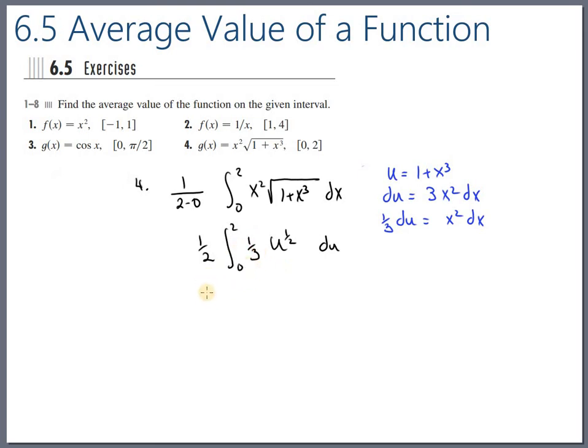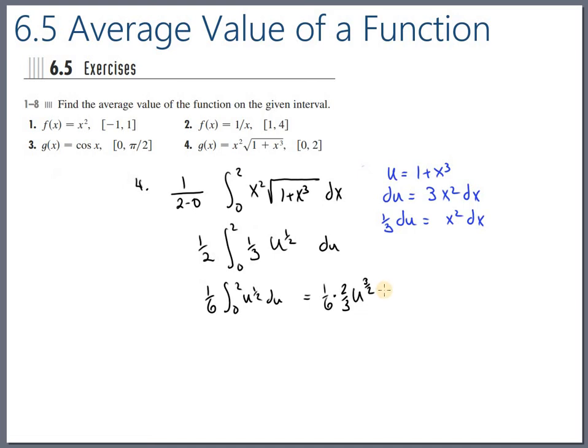I'm actually going to move the 1/3 out front, so 1/2 and 1/3 become 1/6, and then the integral. Okay, so integrating, increase the power and divide by the new power, so u to the 3/2, and divide by 3/2 is multiply by 2/3.